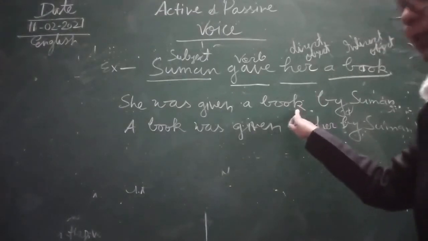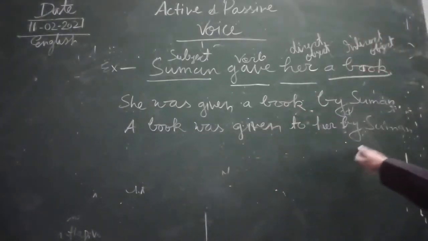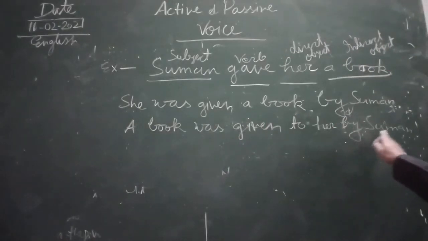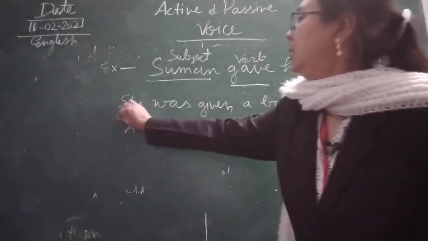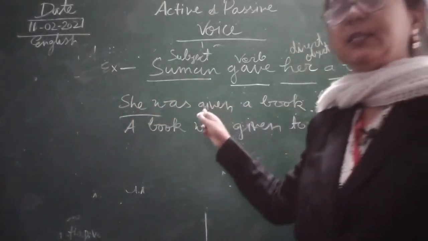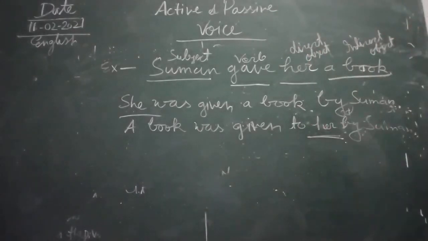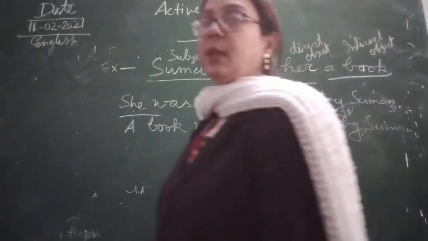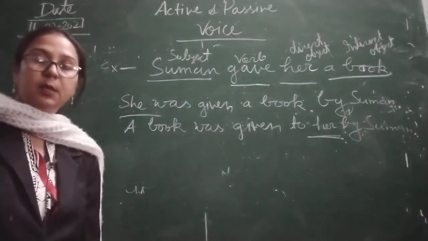We can write in this form also: a book was given to her by Suman. Now here you can see the changes. In the first sentence you can see she, and here her. So children, this way you can convert active to passive voice.